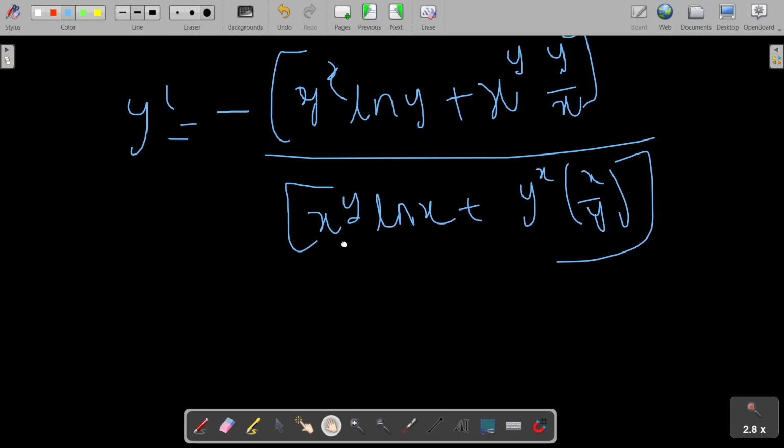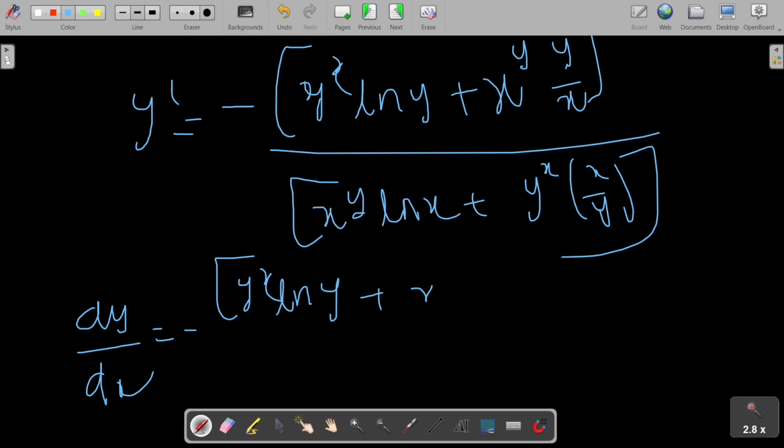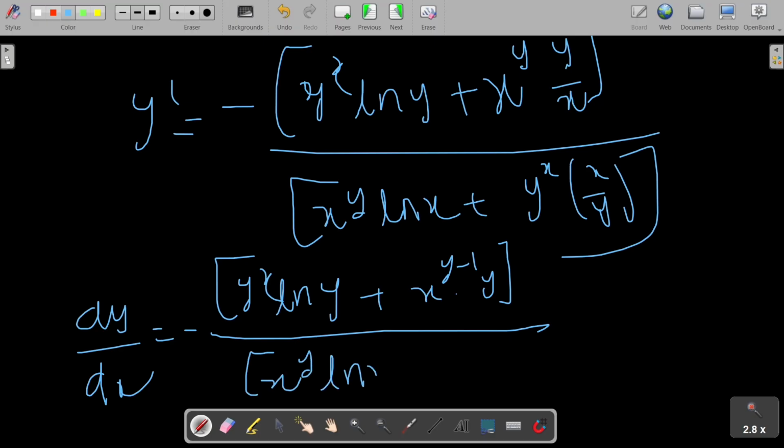If I simplify this, dy over dx is equal to negative y power x ln y plus x power y minus 1 over x power y ln x plus x times y power x minus 1.